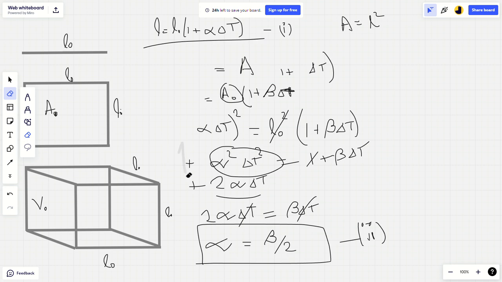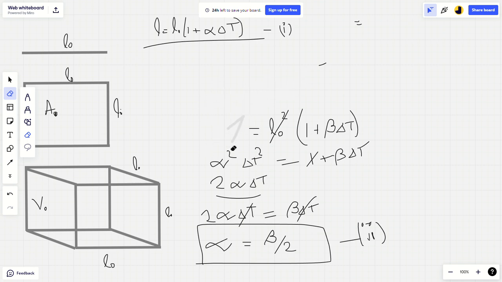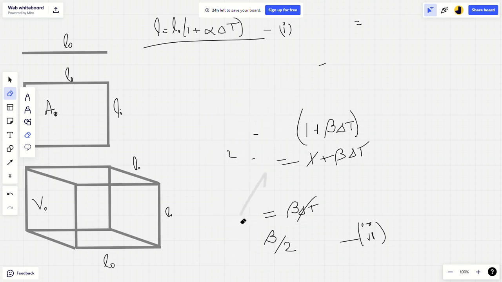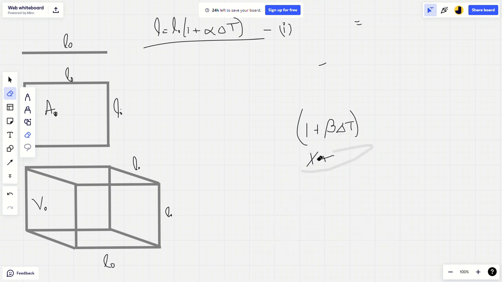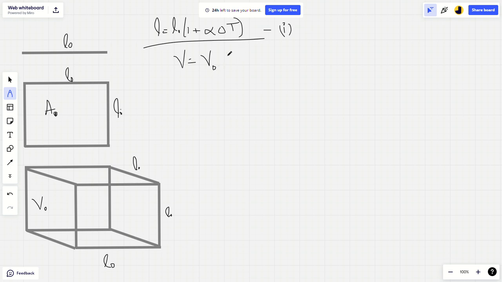Now we are going to keep this thing here, because that's the main thing which we are going to use as the base for proving this entire thing. Alright, so for the last one we can see that final volume equals V0 (1 plus gamma delta T).